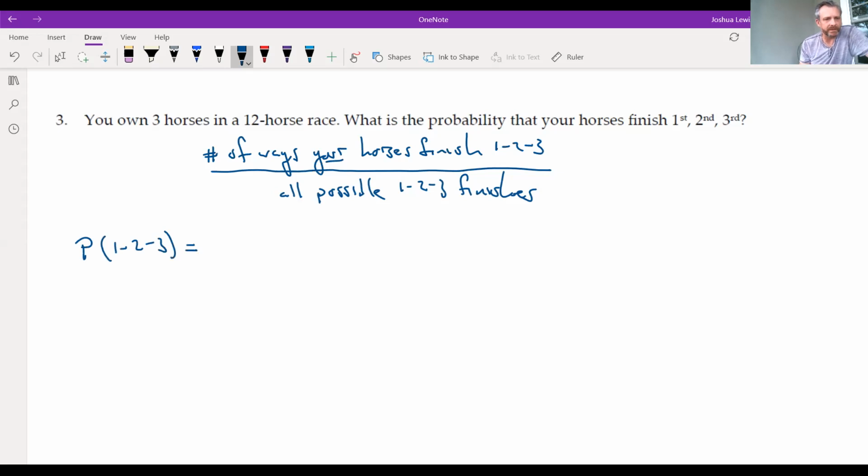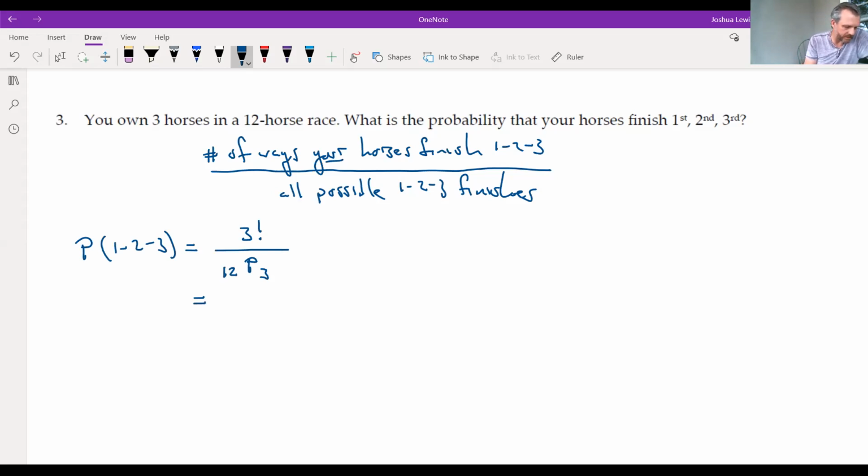Let's think about this. If I'm thinking about this from a permutation perspective, I have 3 horses that could get first, then 2 that could get second, and then 1 that could get third. So that's 3 factorial divided by, and then we have 12 horses in the race, 12P3. That would be all possible 3-horse finishes, okay?